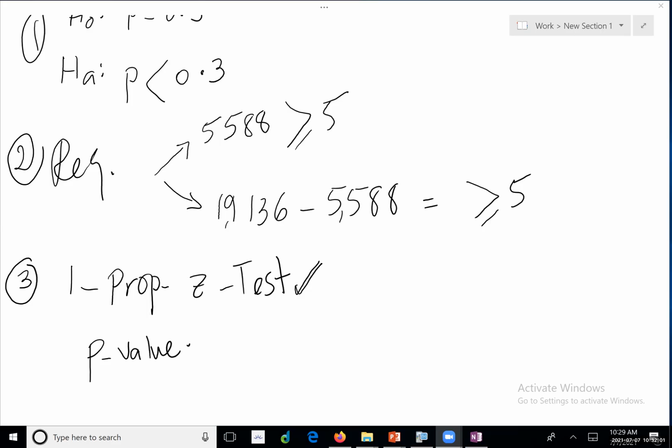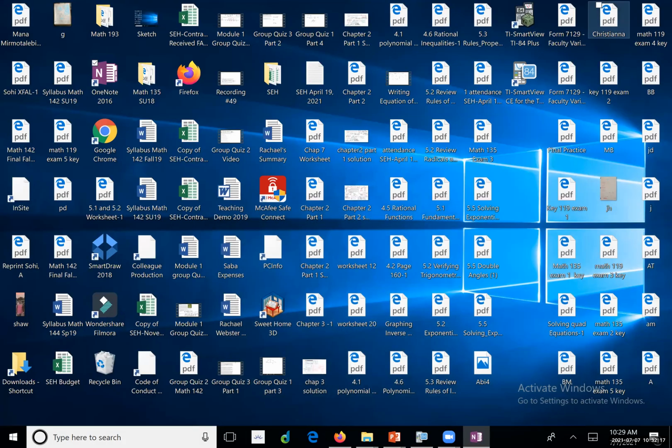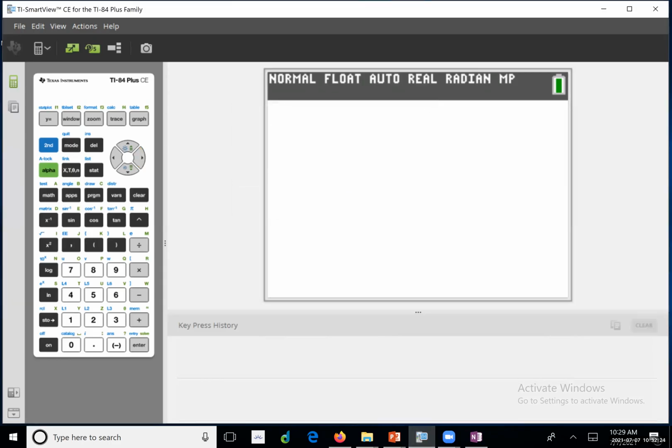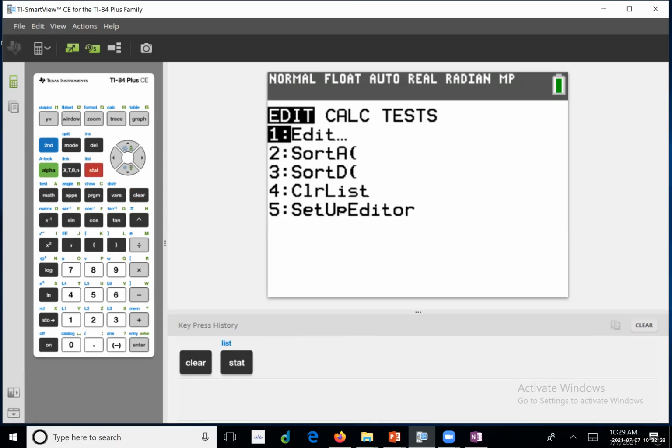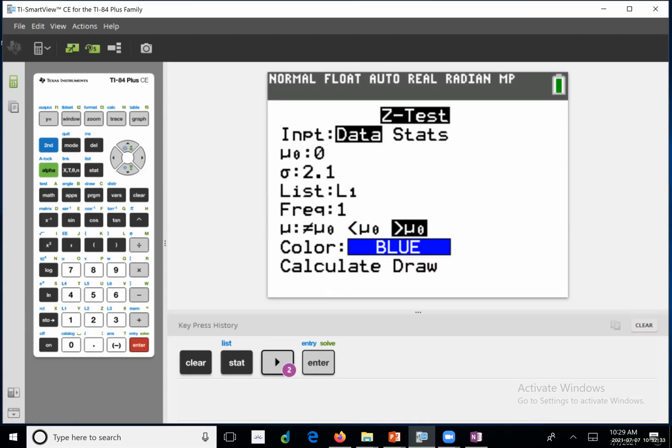Or you might be right. So just let's hold on and see what is the answer. Actually, I do not know the answer until I put it to my calculator. So here we go. So let me clear everything. Okay. So stat, test. No way.